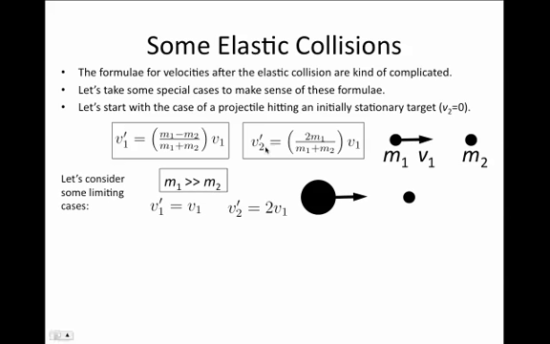If I look at v2 prime, I have 2m1 in the numerator and essentially m1 in the denominator when I set m2 to be approximately 0. And I find that v2 prime equals 2v1. In other words, the ping pong ball does indeed get launched forward, and it gets launched forward with twice the speed that the bowling ball is coming at it.